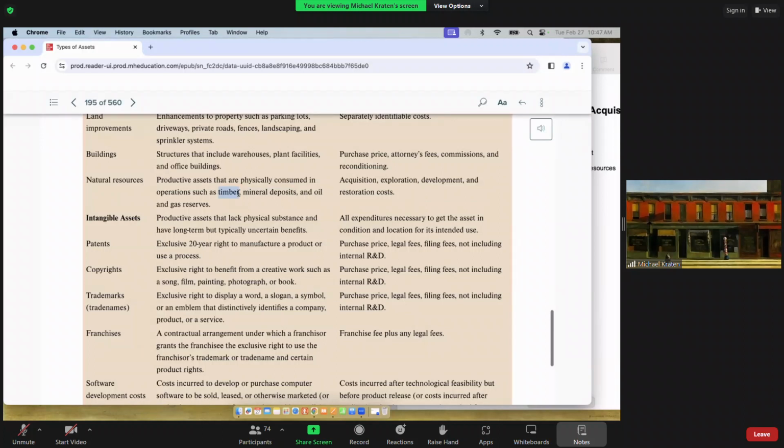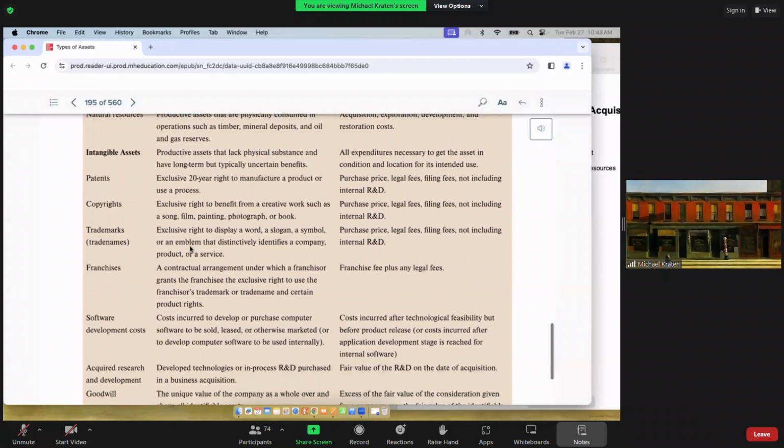On the other hand, if I'm a Christmas tree farm and I'm cutting down the Christmas trees and selling them as Christmas trees, then those trees, when they're still in the land, would be investments in inventory. Any questions about that? A little bit tricky, just a little bit tricky.